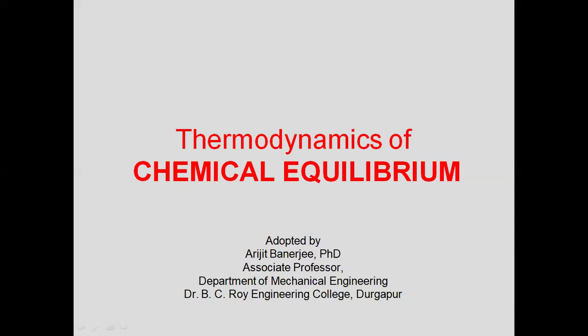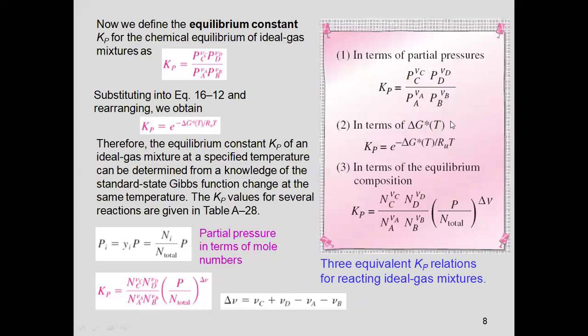We have also taken one general sample equation, A plus B is equal to C plus D. On that equation, we applied the chemical equilibrium criterion and derived the expression for the equilibrium constant and also the standard state Gibbs function change.